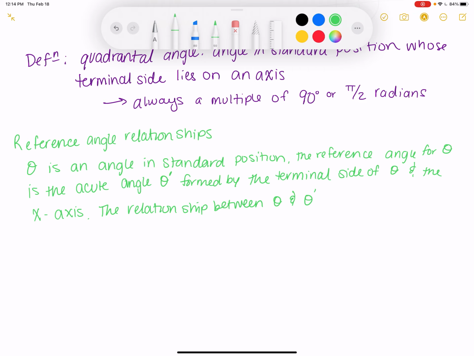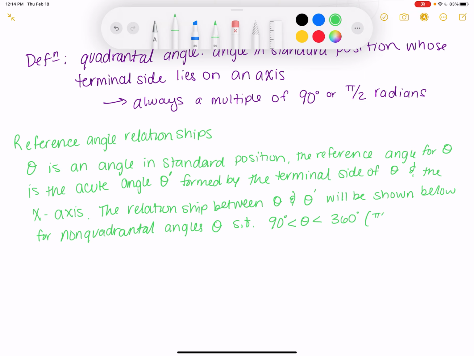So the relationship between theta and theta prime will be shown below for non-quadrantal angles theta such that 90 degrees is less than theta is less than 360 degrees, or that pi over 2 is less than theta less than 2 pi, if we were to do it in radians.